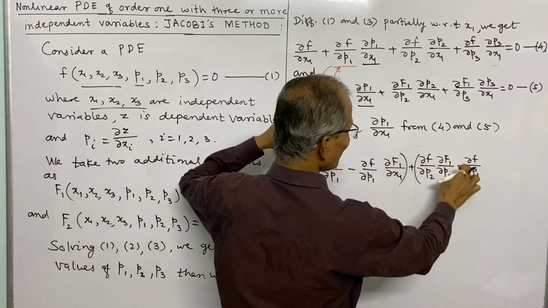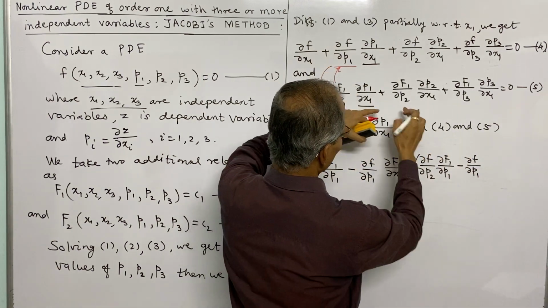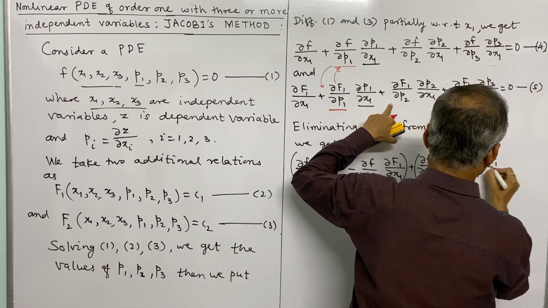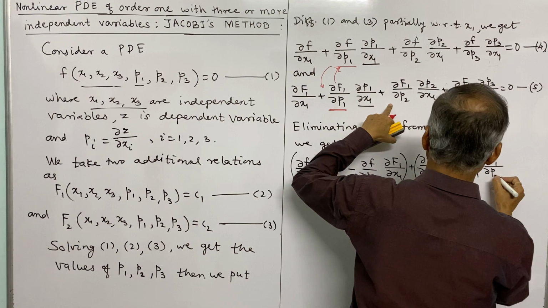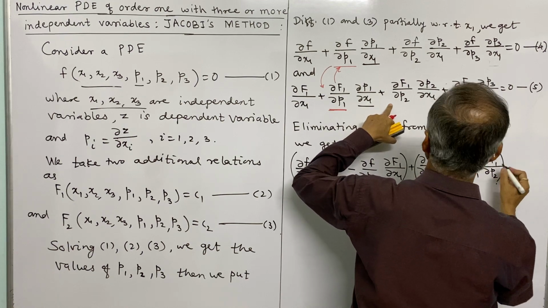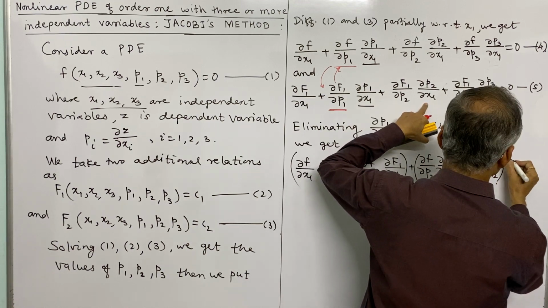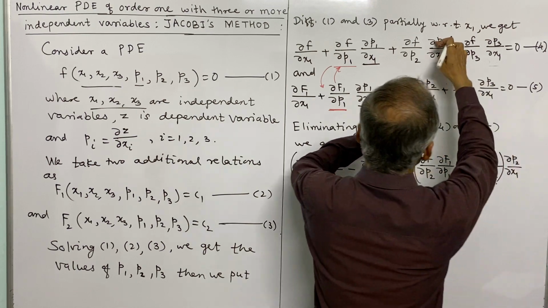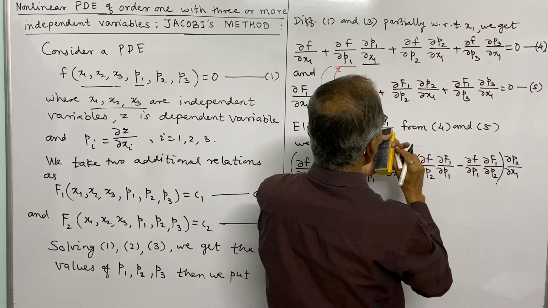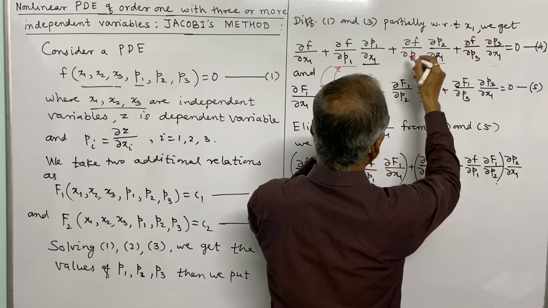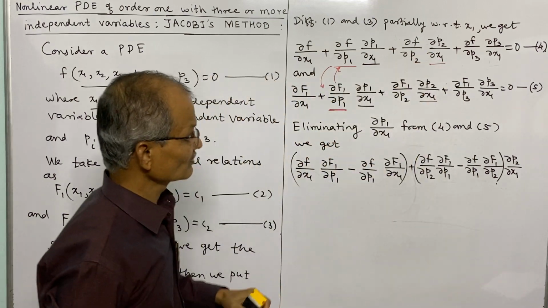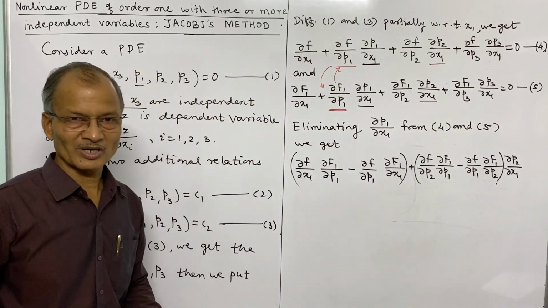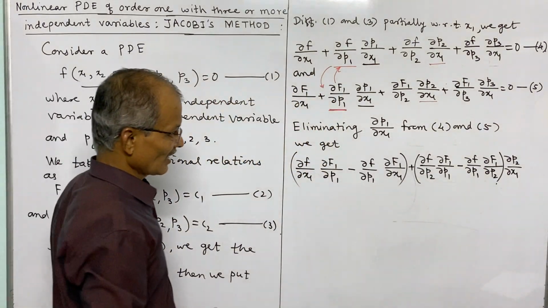A small f term we will write first, then we will write the capital F term. So ∂F/∂p2, and that is multiplied by ∂p2/∂x1, which is common. This is the common term, and then there is a cross multiplication of this. It's only the arithmetic part, you can understand.